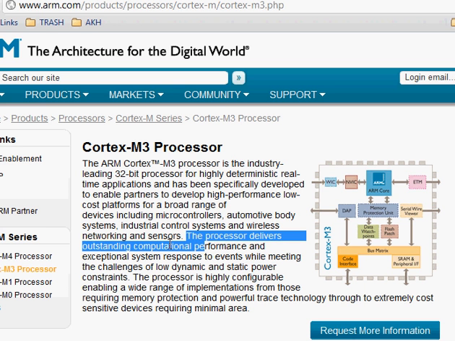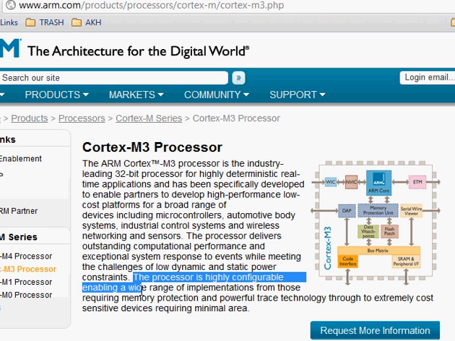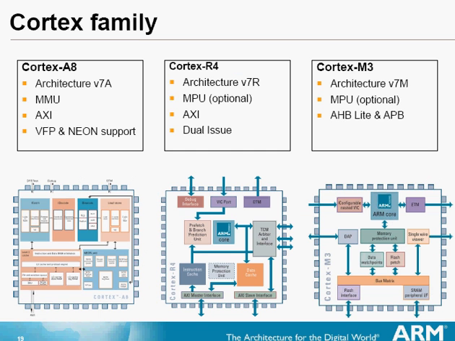The processor delivers outstanding computational performance and exceptional system response to events while meeting the challenges of low dynamic and static power constraints. The processor is highly configurable, enabling a wide range of implementations from those requiring memory protection and powerful trace technology through to extremely cost sensitive devices requiring minimal area. This is the Cortex M3 processor. So these are all about the Cortex family A8, R4, M3.